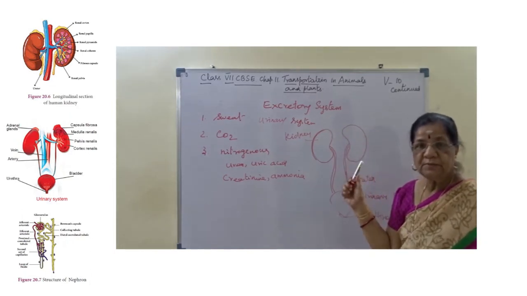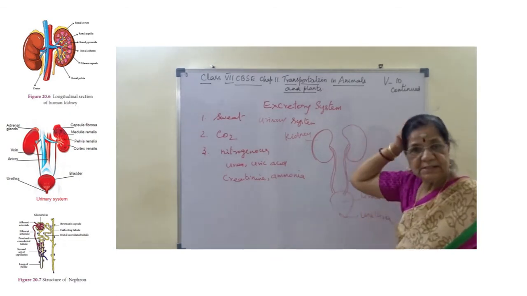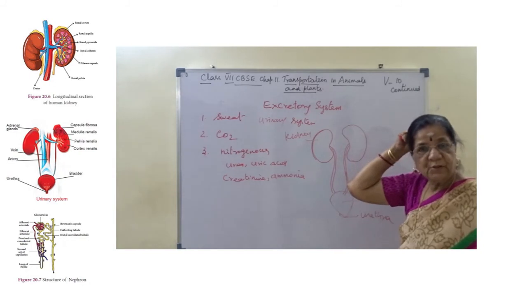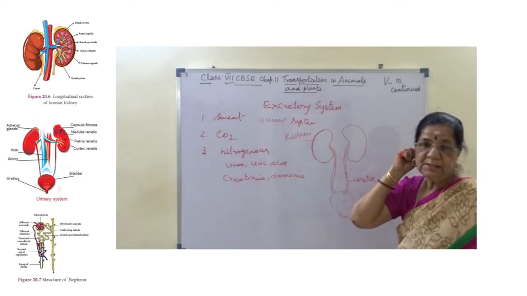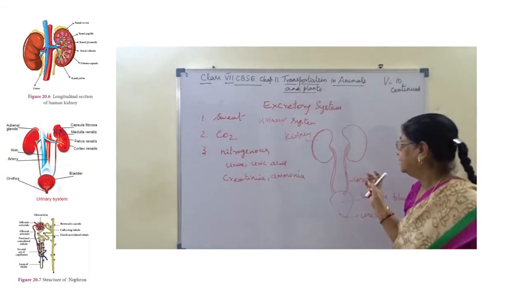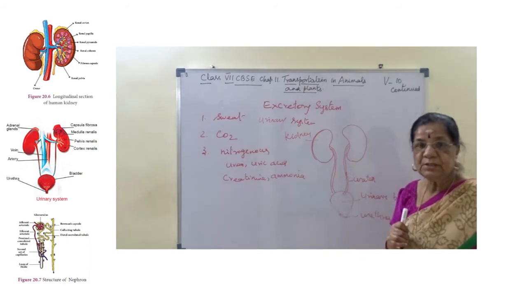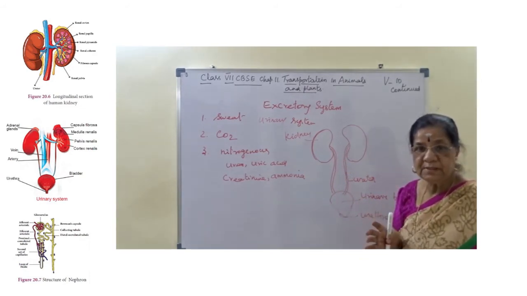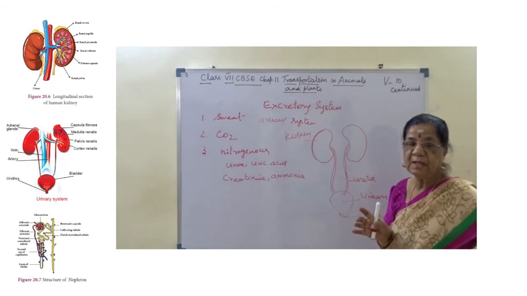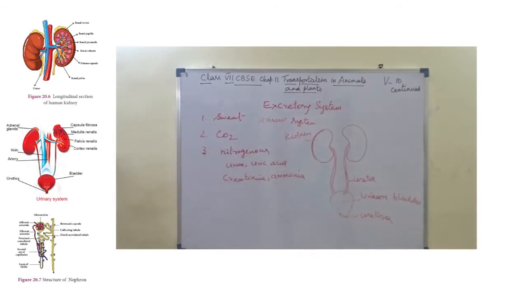The outer wall of the kidney is thin and the inner is thick. It is a bean-shaped structure. And the right kidney is slightly lower than the left kidney because of the position of the liver. I repeat, the right kidney is slightly lower than the left because of the liver.